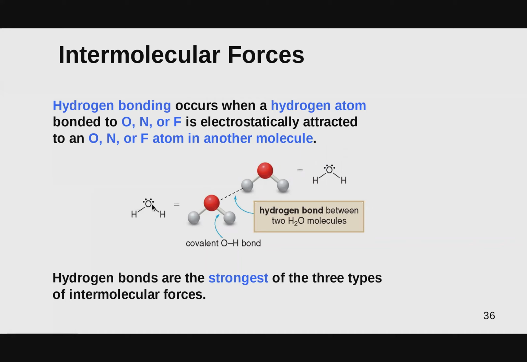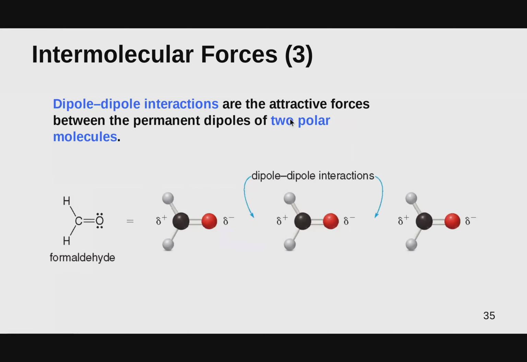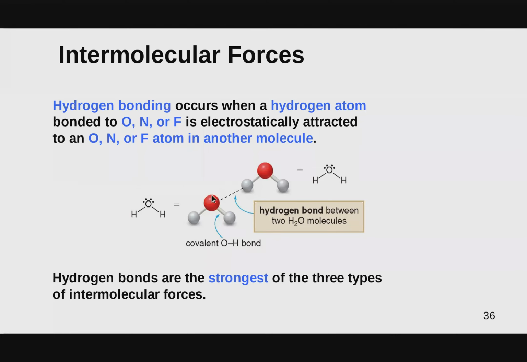Now, what's going on here is there's an unequal sharing of electrons, which creates a partial negative charge on the oxygen and a partial positive charge on the hydrogen. These weak electrostatic attractions, very much like here, cause an attraction between the oxygen and the hydrogen, and that's what a hydrogen bond is. An attraction between a hydrogen and something else. That's what we're going for.